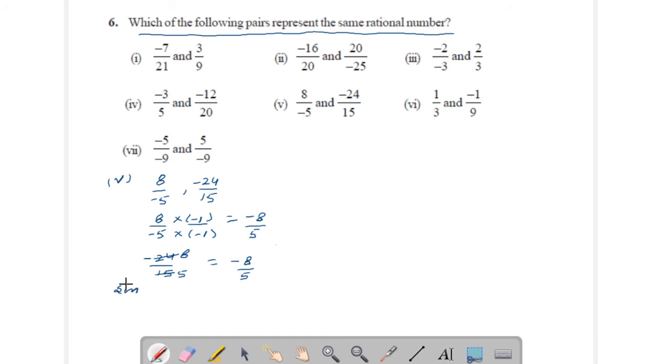Since minus 8 upon 5 is equivalent to minus 8 upon 5, therefore 8 upon minus 5 is equivalent to minus 24 upon 15.